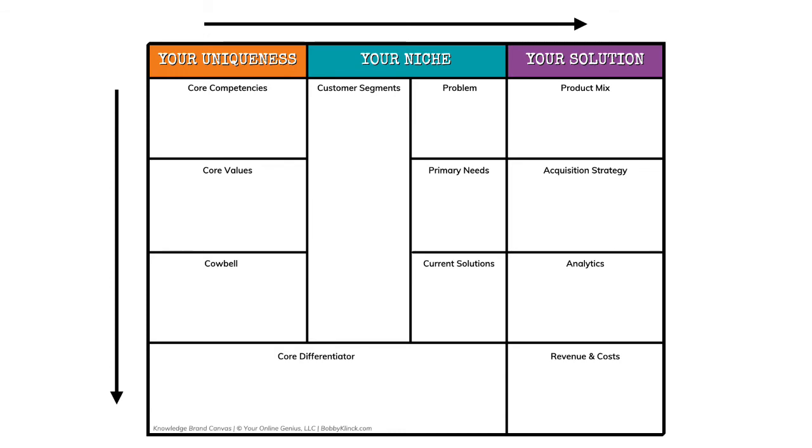Now, the goal here, like I said, is to help make this simple. In future lessons, we're going to talk about each one of those boxes. This was simply meant as a chance for you to understand this. I want to give you a caveat though. Depending on your business, there's a good chance that you may need multiple versions of this.